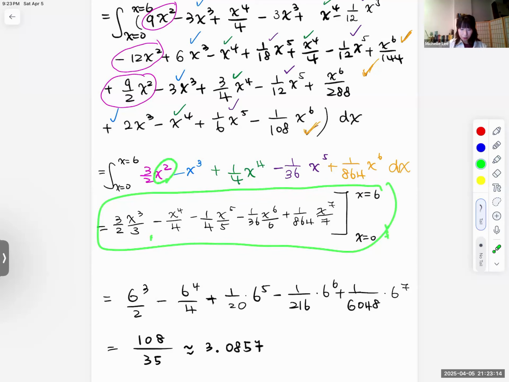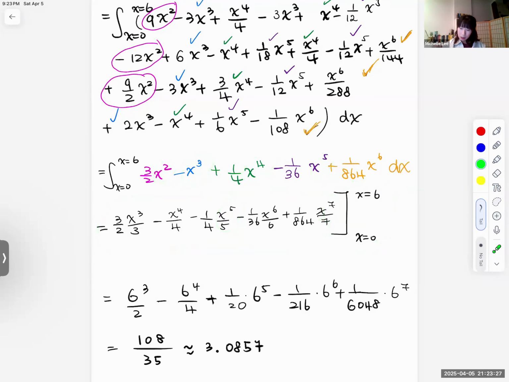X to the third power over 3. X to the fourth over 4. X to the fifth power over 5. X to the sixth power over 6. X to the seventh power over 7. We do keep the constant, right? Okay, now we evaluate from x equal to 0 to 6.